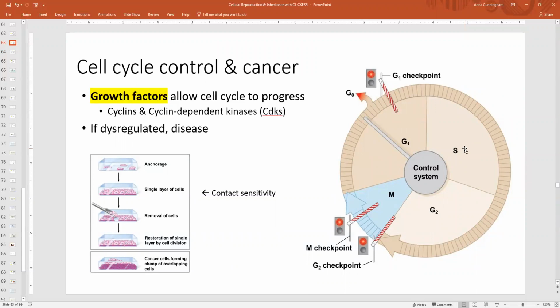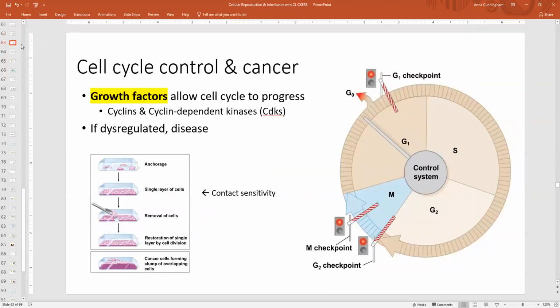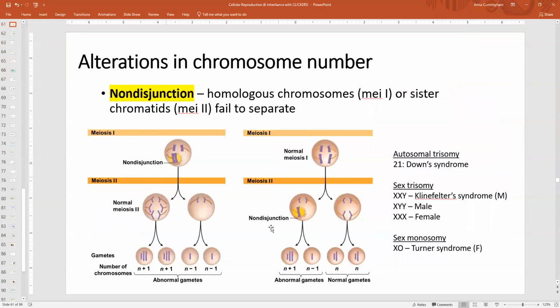I guess the answer is a little complex. So first, let me revisit this slide, to remind you that your cells do make mistakes. And one mistake that can happen during S phase is defects that would lead to improper cell division.